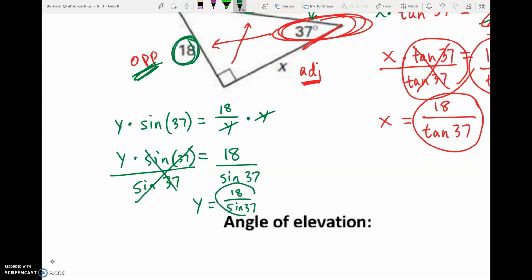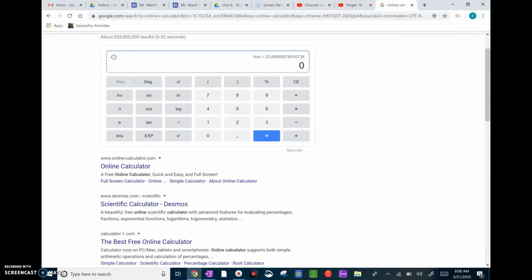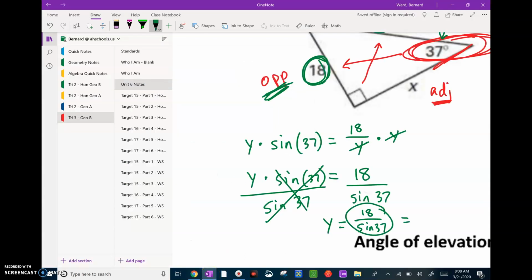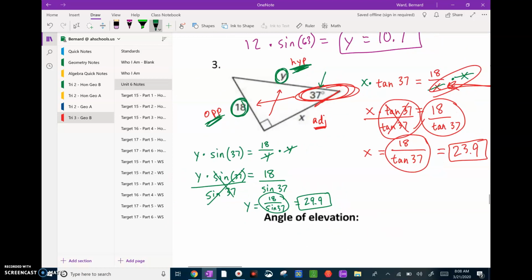So we want to type 18 divided by sine of 37 into our calculator. And so we will grab the calculator and we will do 18 divided by sine of 37. And we hit equals, and it is 29.9. And so we come back and we can write 29.9, and that's it.